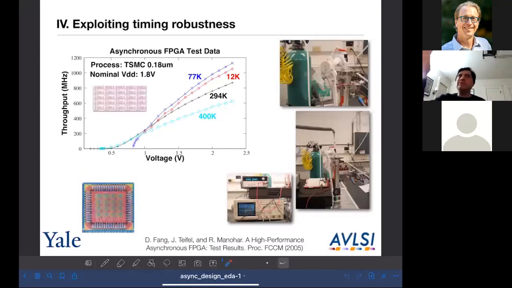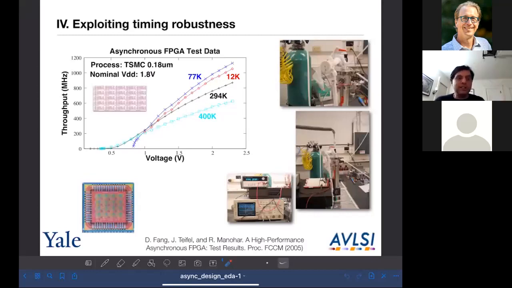I mean, if your inverter no longer behaves like an inverter, of course, the circuit's going to fail. But as long as it still behaves as an inverter, logically, then everything can still work. And so we tried this experimentally, and we took the FPGA that we had built and tested it at a wide range of temperatures and voltages.